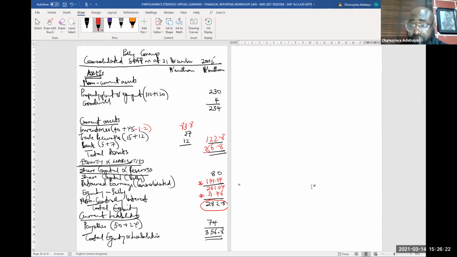When you are to reverse the profit for a downstream, which is that of the parent, NCI is not affected because NCI is not a party to the parent's activities. But anytime there's a transaction regarding the subsidiary which affects its profit, with respect to an upstream transaction, NCI is affected in the proportion NCI participates in the profit or loss of that subsidiary.